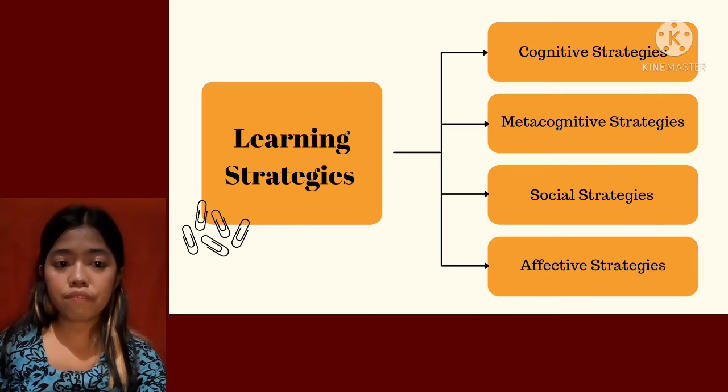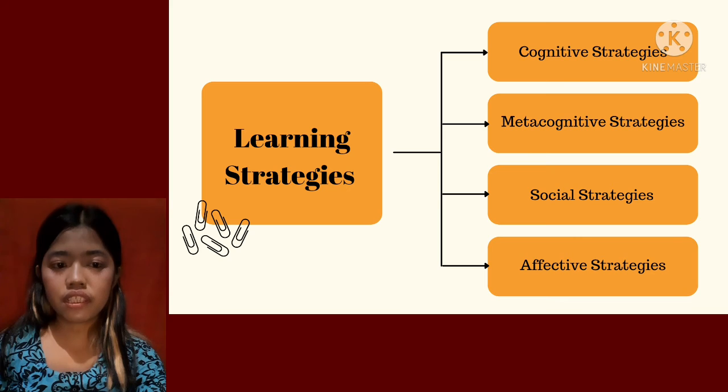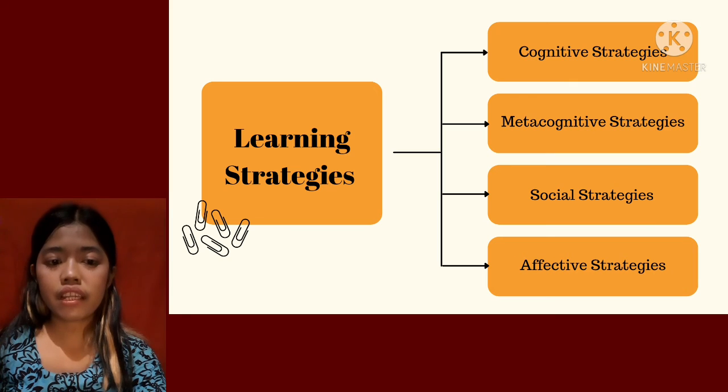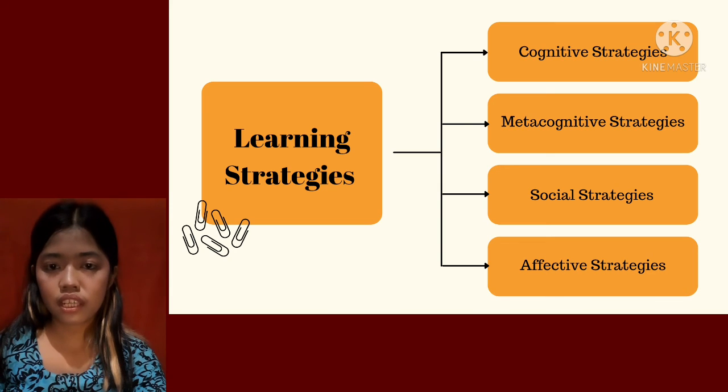Cognitive strategies involve the manipulation of the learning materials or input by means of repetition, summarizing. Metacognitive strategies involve higher order strategies such as analyzing, evaluating, organizing learning process. And social strategies involve interpersonal behaviors aimed at increasing the amount of foreign language communication with native or non-native speakers.